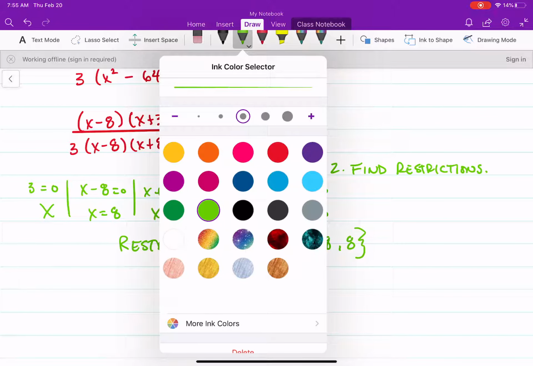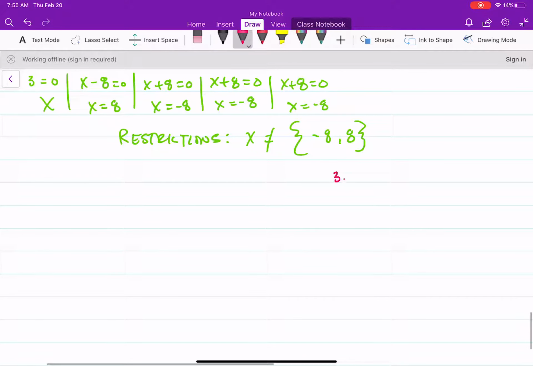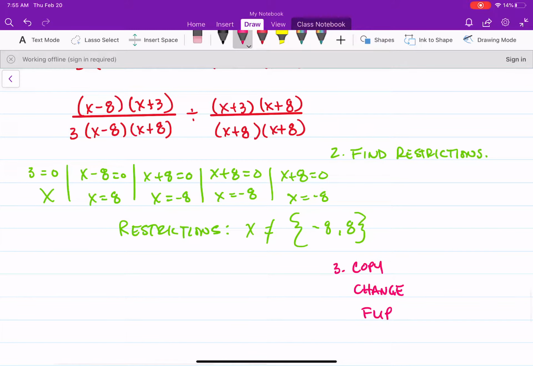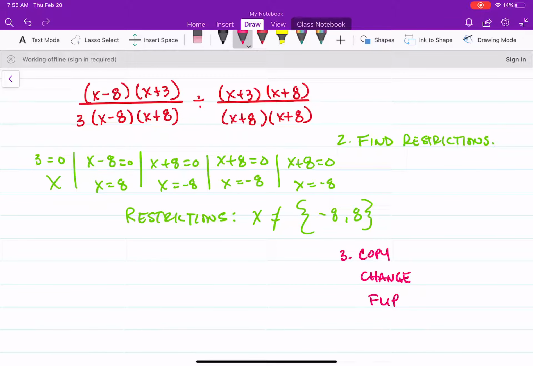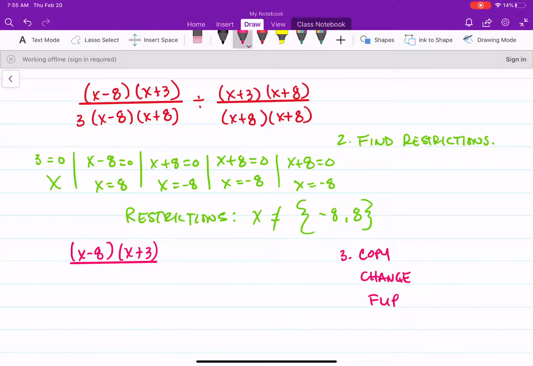Let's see here. Yeah, that's a good color. Step 3. Copy, change, flip. So that's what we're going to do. We're going to have x minus 8, x plus 3 over 3 times x minus 8 times x minus 8.